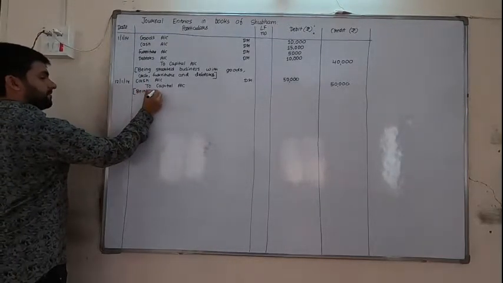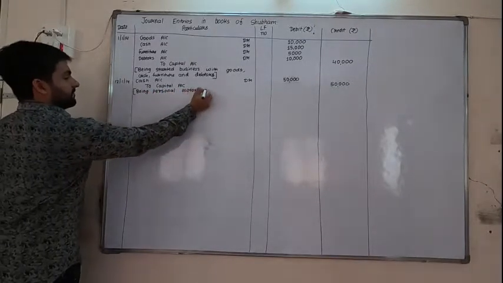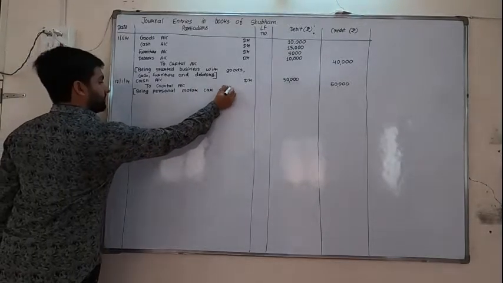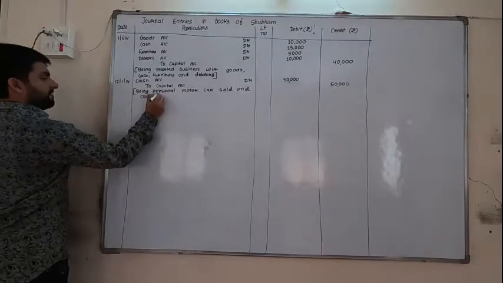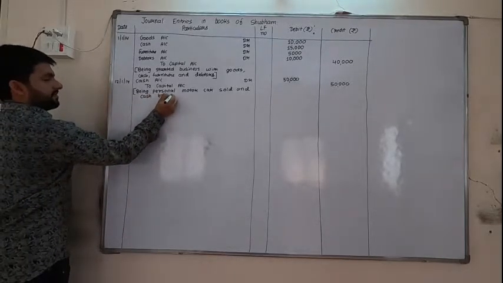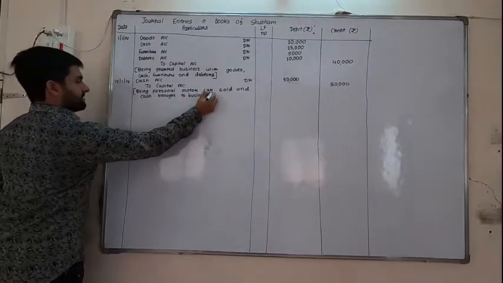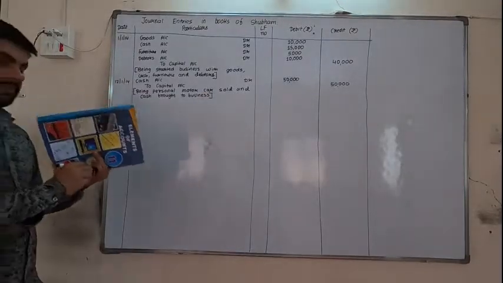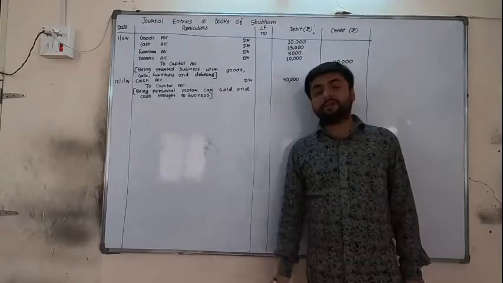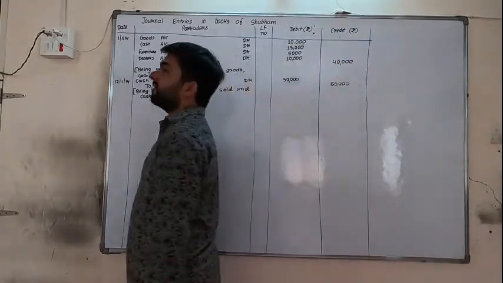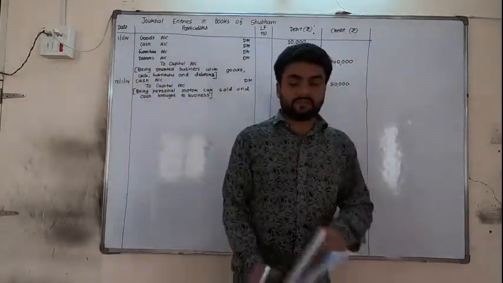Being personal motor car sold and cash brought to business. Okay, that personal motor car is not of the business, so for 80,000 we are not talking. We are talking only about the 50,000 that is brought into the business. So cash is coming in and the owner is the giver, so cash to capital.